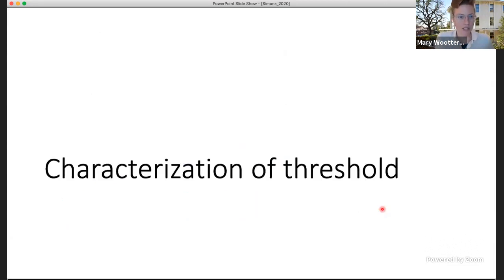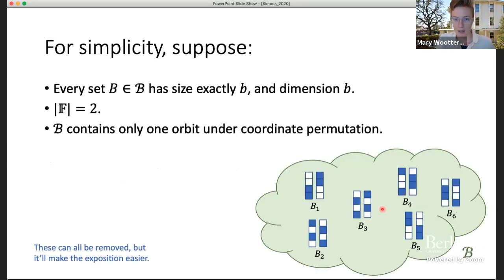I think the more interesting thing, though, is that we can actually give a characterization of this threshold. I'm going to introduce this characterization by example. And in order to do so, I'm also going to make a couple of simplifying assumptions. So let's just assume that each one of our bad sets has size exactly little b, and also has dimension exactly little b.